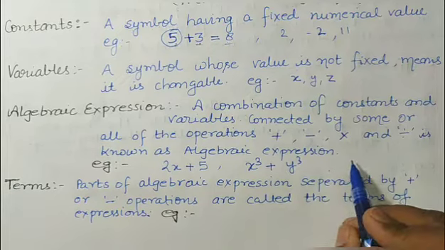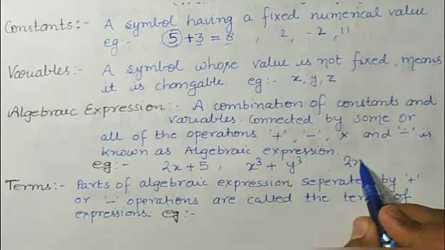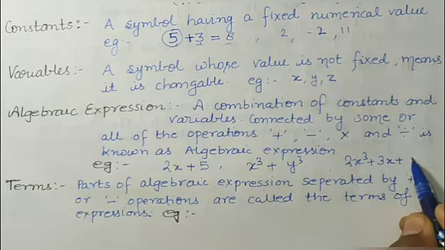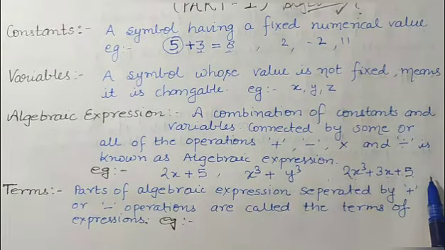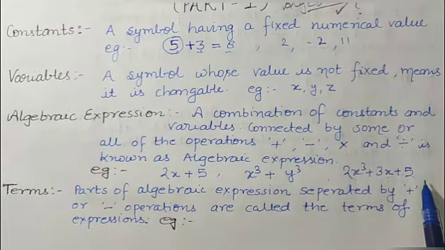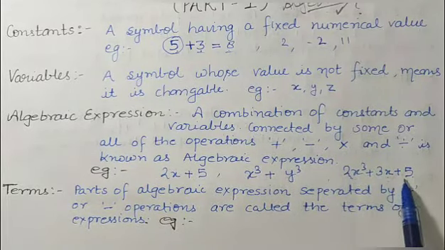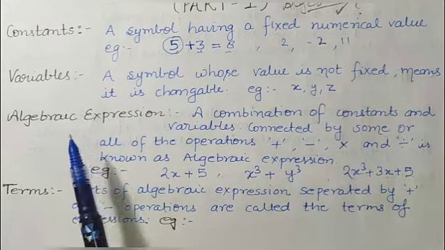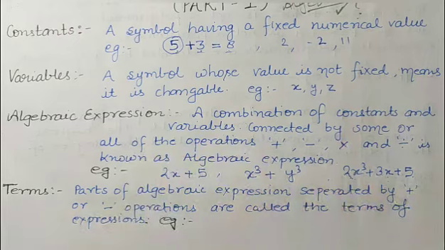One more example we can write: 2x cube plus 3x plus 5. These terms are separated by additive signs, so it will also be an algebraic expression.